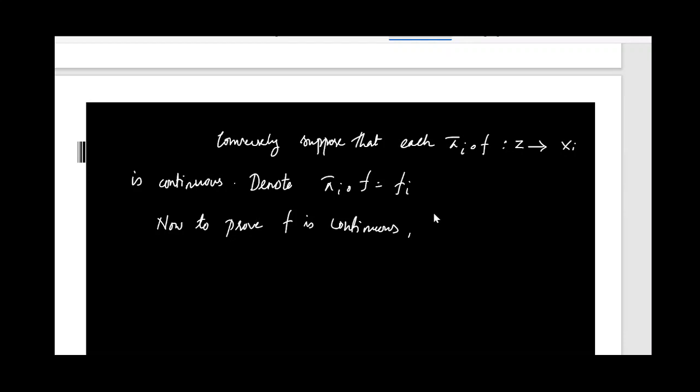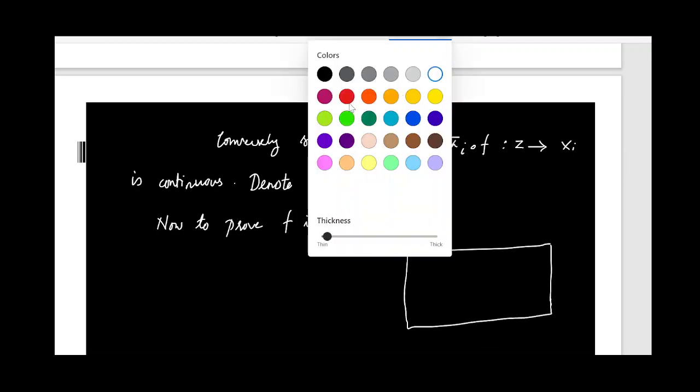Can you follow? No. See, we want to prove that f is continuous. So we have got a topology here, and two sets.